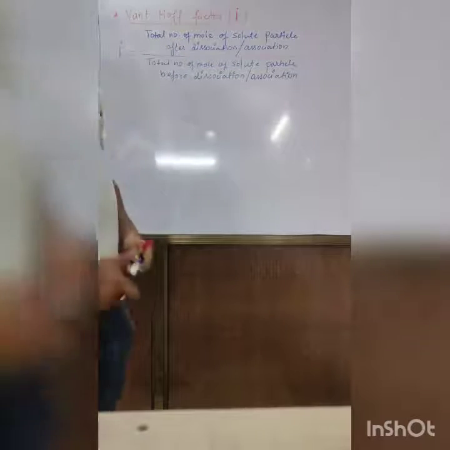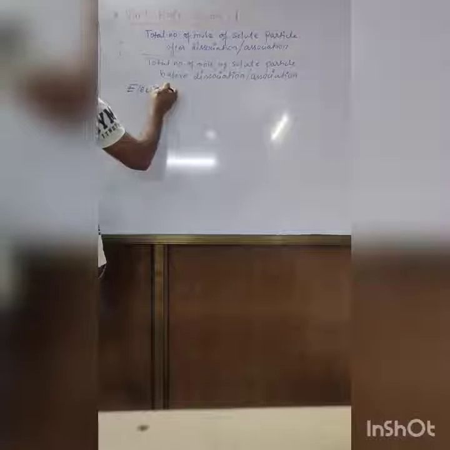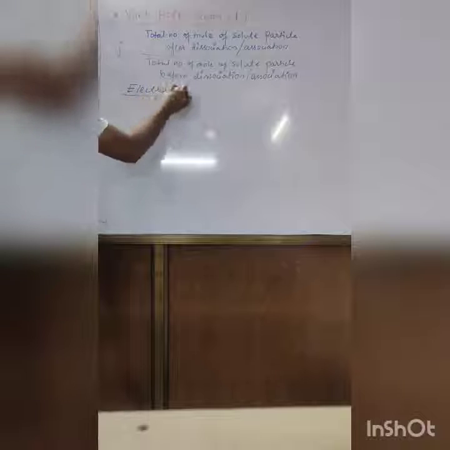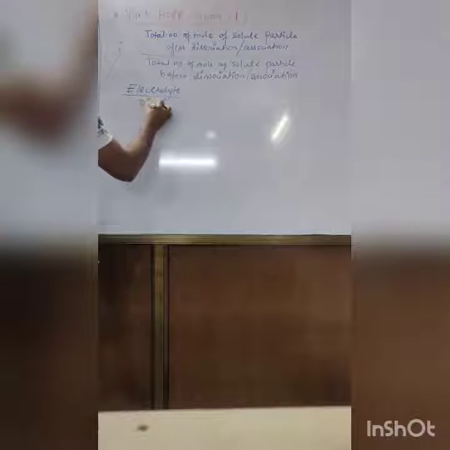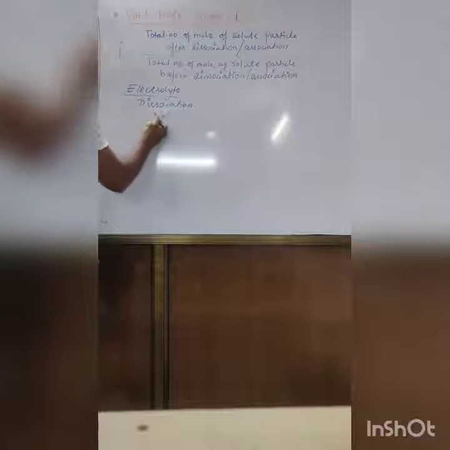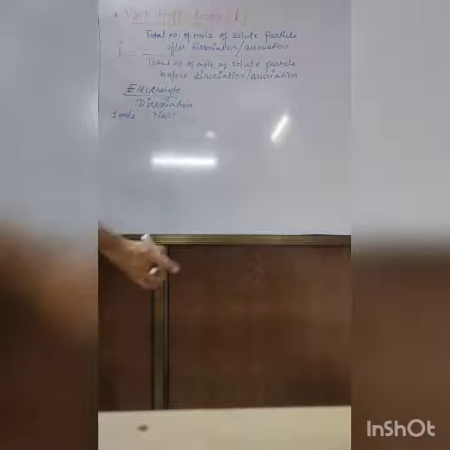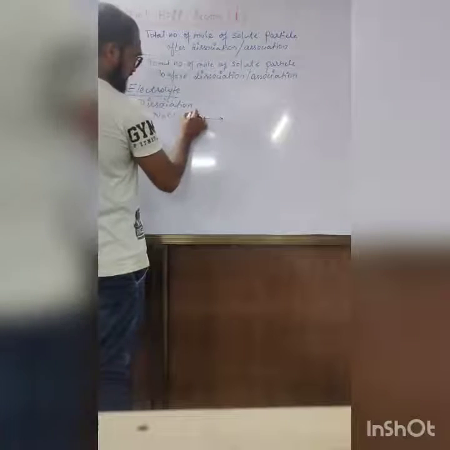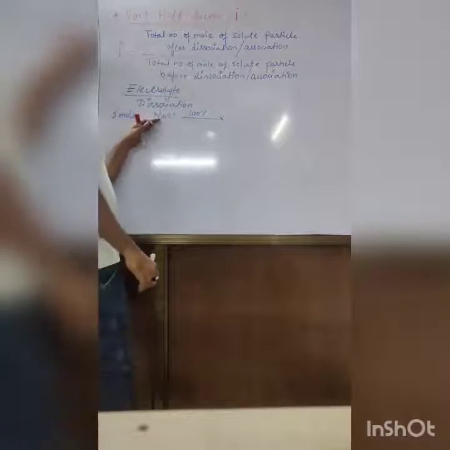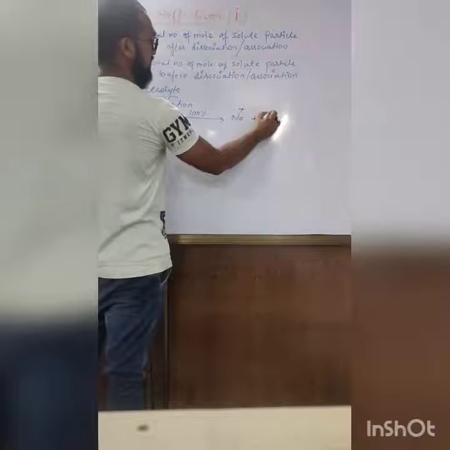as association. Now how does this work? Suppose I have taken an electrolyte, for example, this electrolyte undergoes dissociation. So I have taken 1 mole of NaCl. This 1 mole of NaCl will dissociate. Suppose here it is 100% dissociation. So this 1 mole will break into Na+ and Cl-.